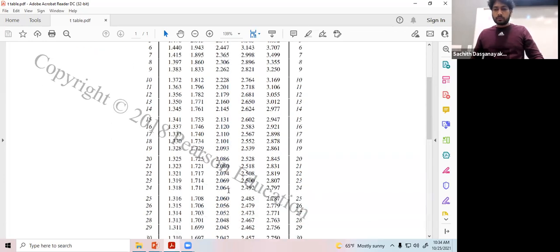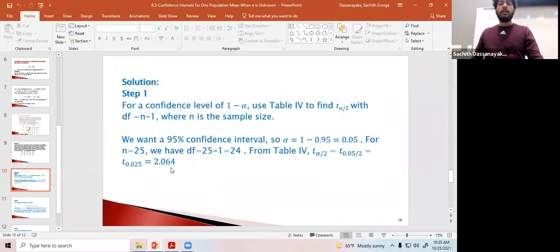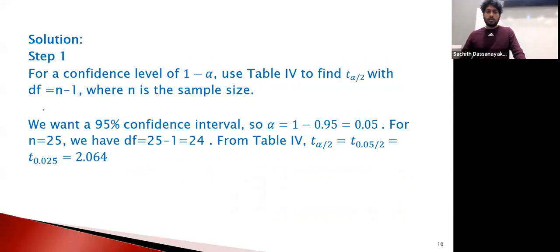This one, 2.064. See that value. Clear? So this one is T 0.025 comma 24.